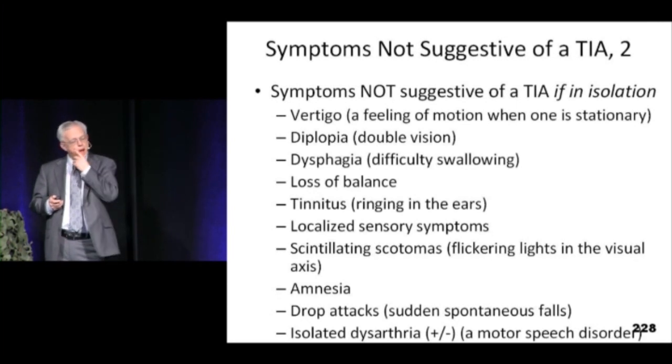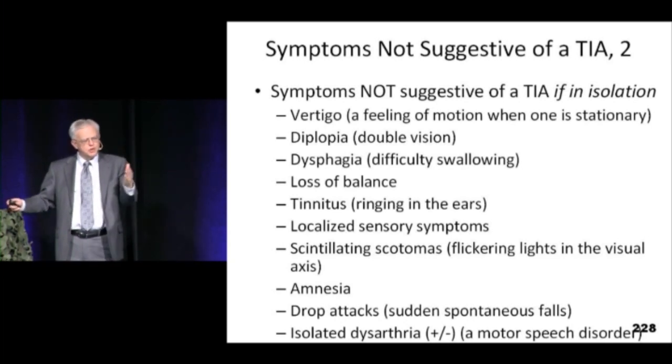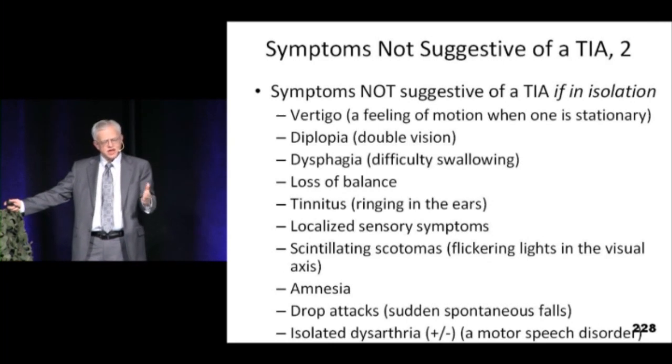Again, if you've got somebody who has diplopia, it's unlikely that that's a TIA involving the major arteries of the cortex. Diplopia almost always takes place at the brain stem level.